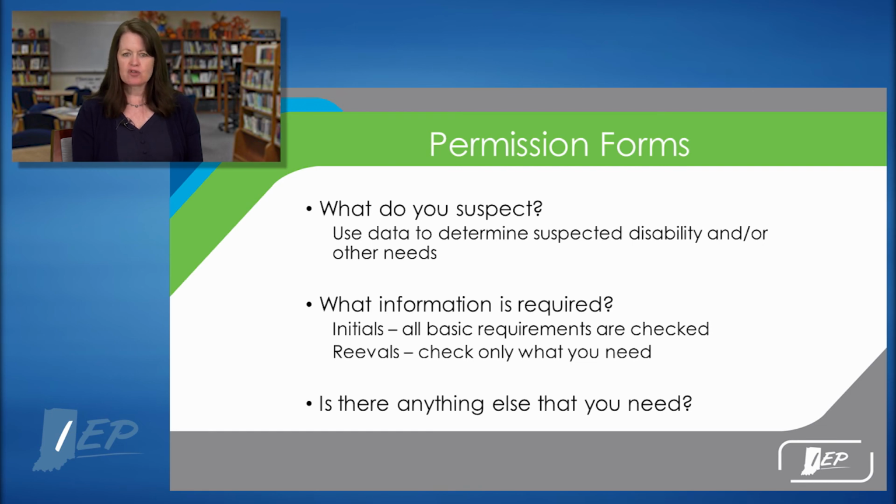Yeah, I'm not really sure that I need a standard classroom observation, and I don't think I need adaptive behavior information. Well, adaptive behavior information is required in order to consider other health impairment, and it was not part of an initial evaluation for a student with specific learning disability. So if I proceed with that evaluation and I have removed that requirement, it's not going to be in compliance.